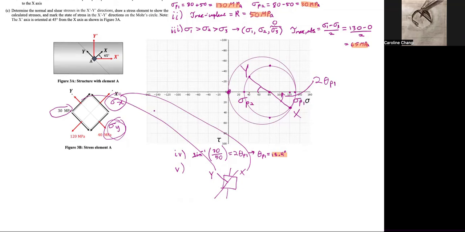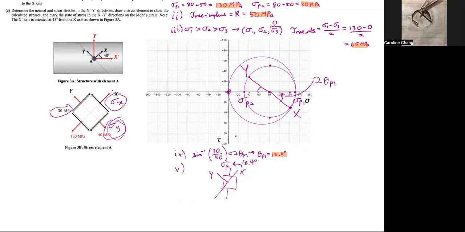So the x is parallel to the x in figure 3b, and the y also. And we rotated it counterclockwise by 18.4 degrees to get our principal stress 1 located here.